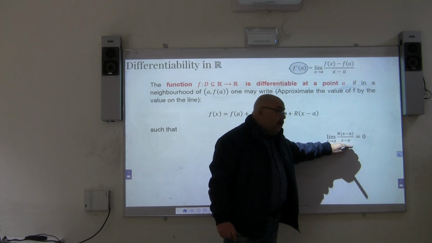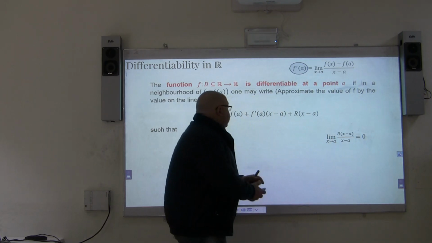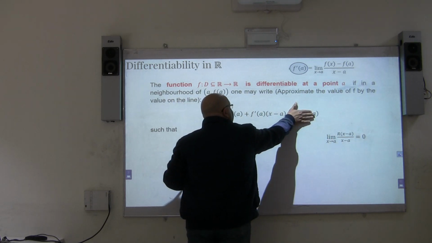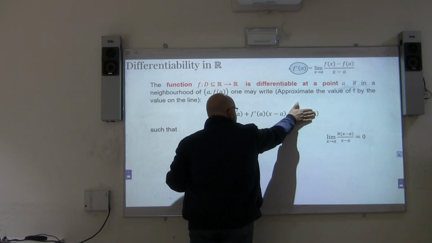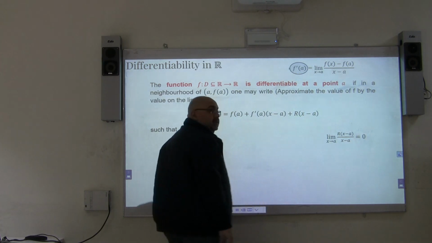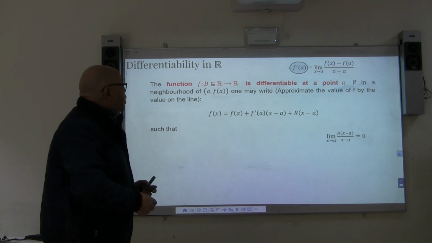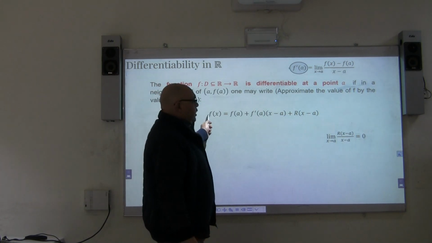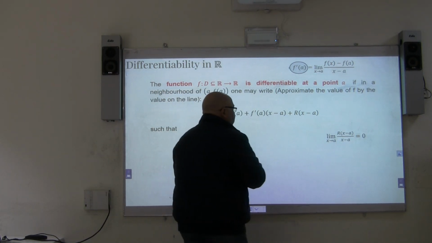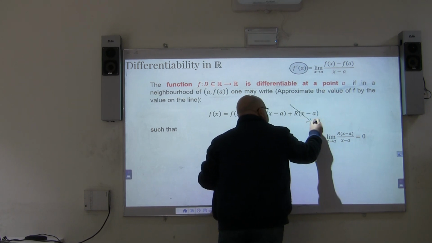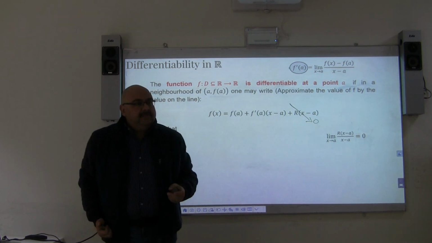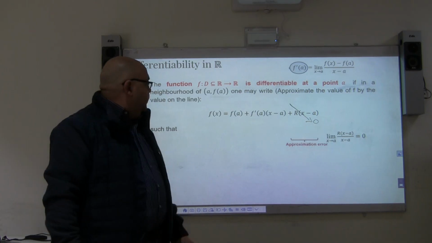Once this relation is proved, then this approximation is valid without r because it's equal to 0, so the derivative already exists. So once more, to check differentiability at a certain point, we check this relation, and when r of x minus a over x minus a is equal to 0, it means the function is differentiable.